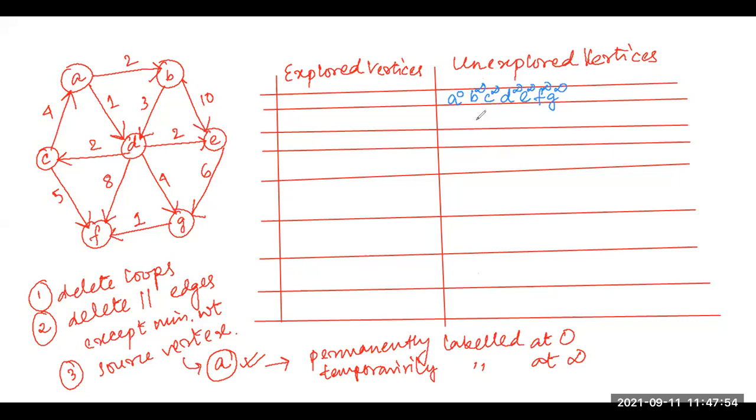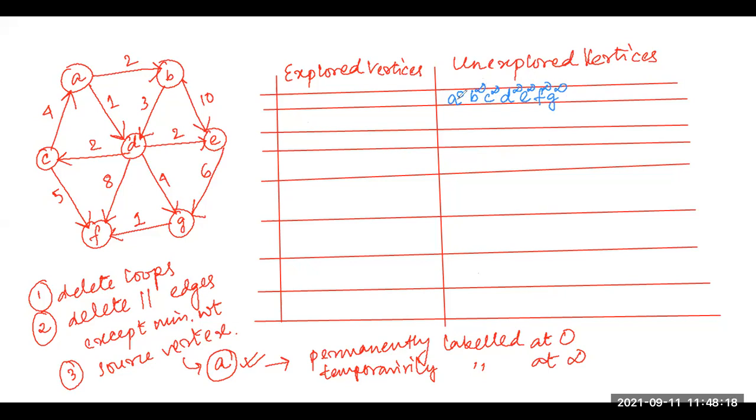Fine. Now I will always choose the minimum from my unexplored vertices list. So from this unexplored vertices list, you tell me which is the vertex with the minimum weight? Ma'am, D. From A to D. Not A to D only, I will proceed vertex by vertex.